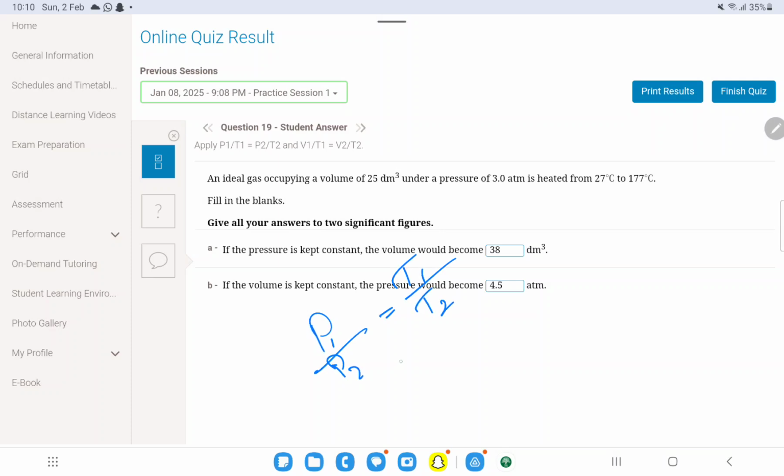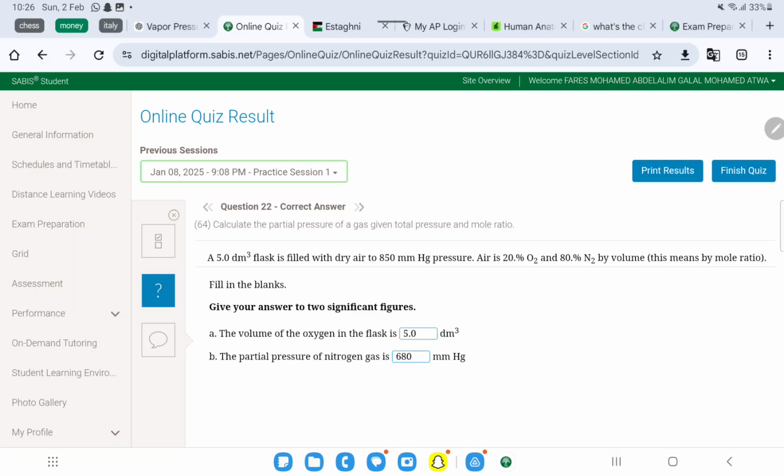P1 is 3, P2 is x, T1 is 300 over 450. You can cancel the 0 and it's 2 over 3. Cross multiply, 9 equals 2x. So 4.5 equals x, two significant figures, and it's correct.